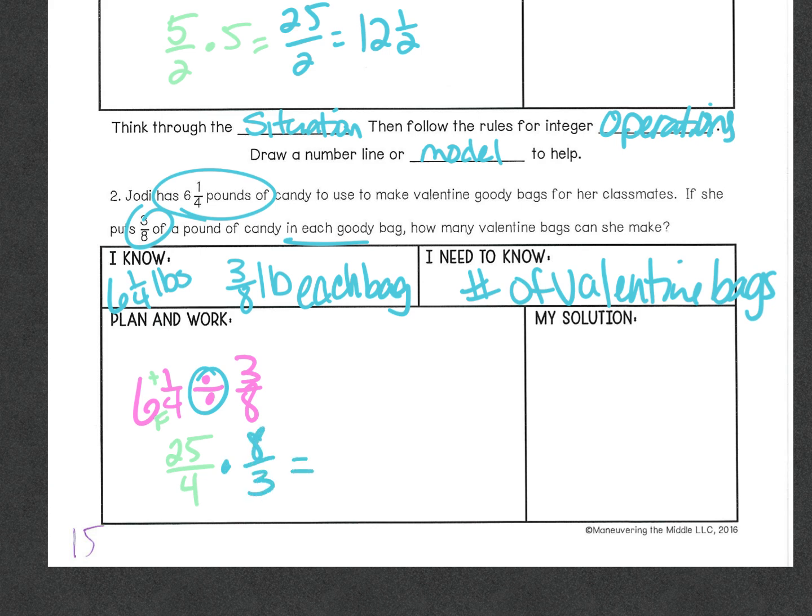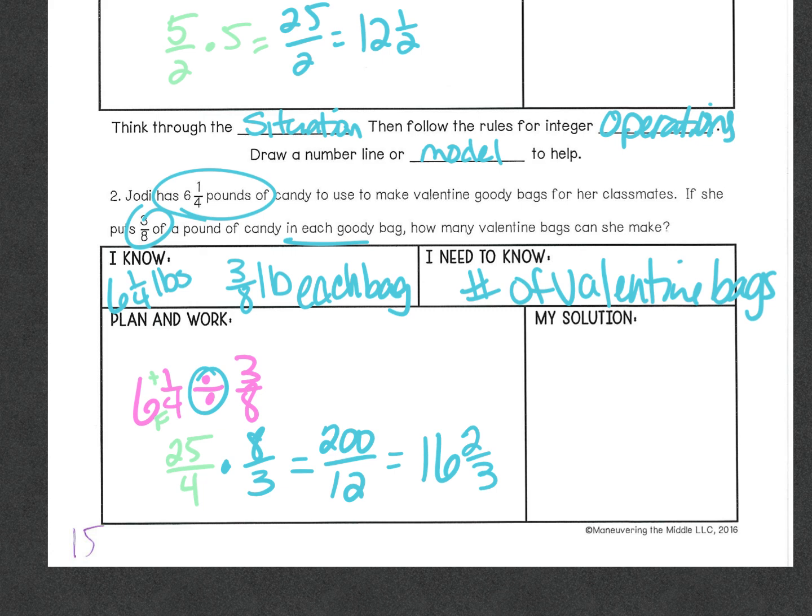So if we're going to do this by hand, which we can, this becomes 25 times 8 is 200 over 12. We simplify that. And again, you can use your calculator if you'd like. It does become 16 2/3.